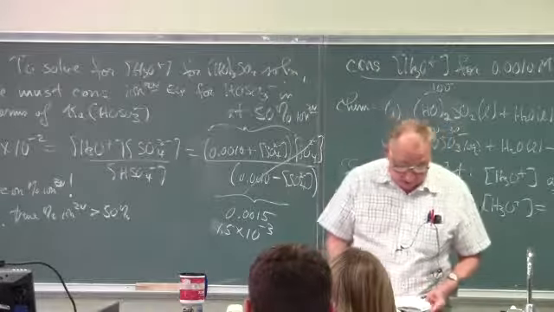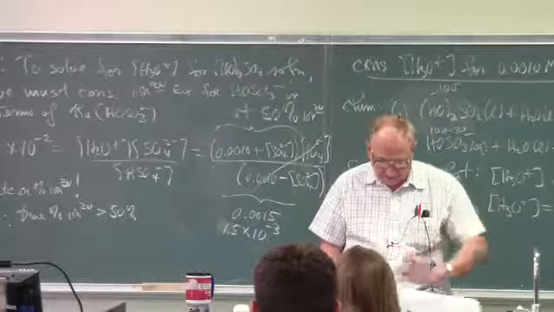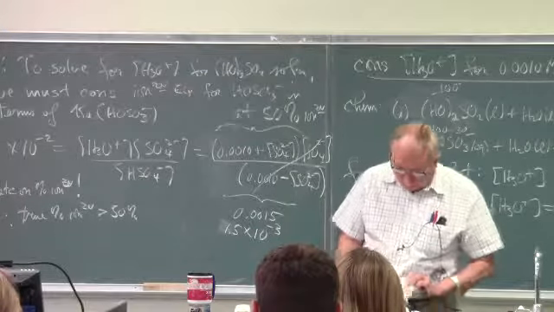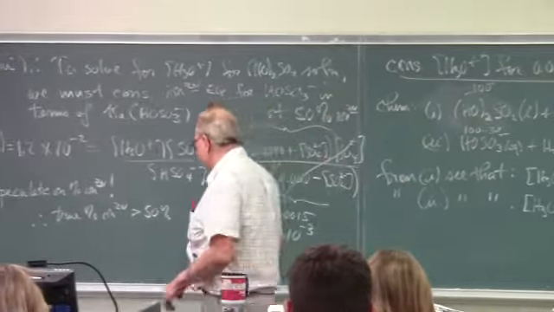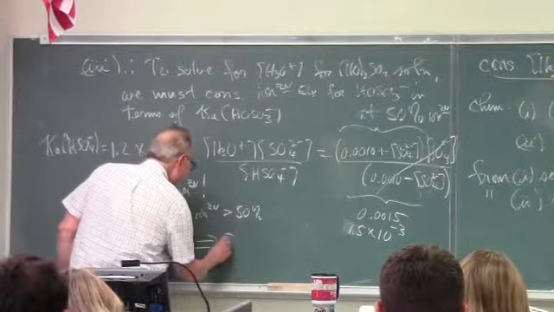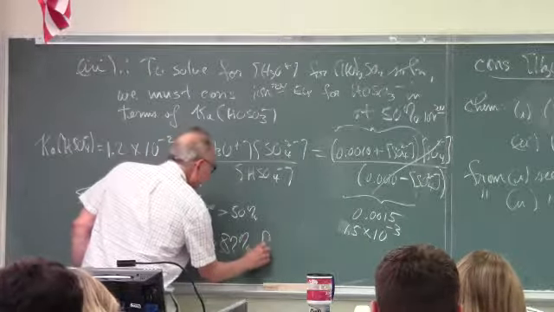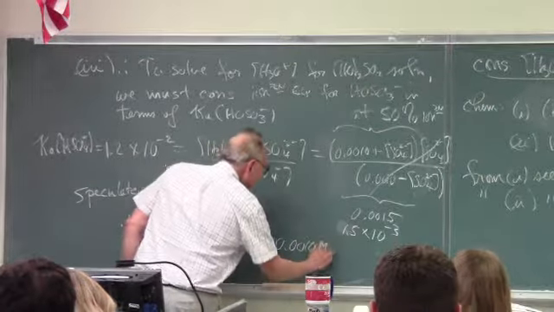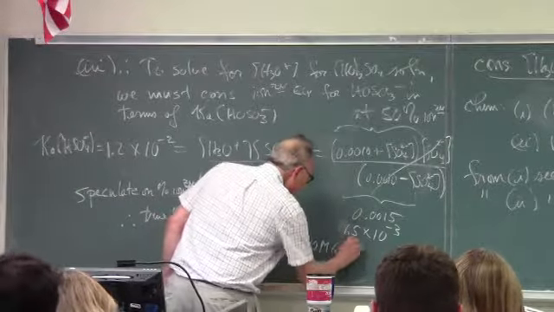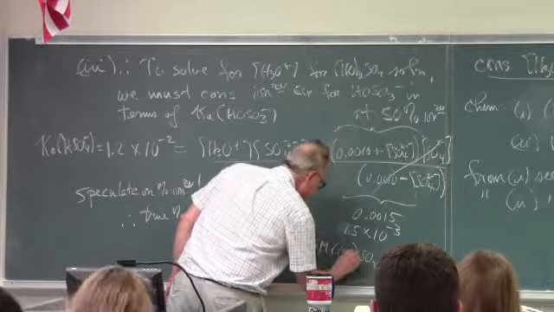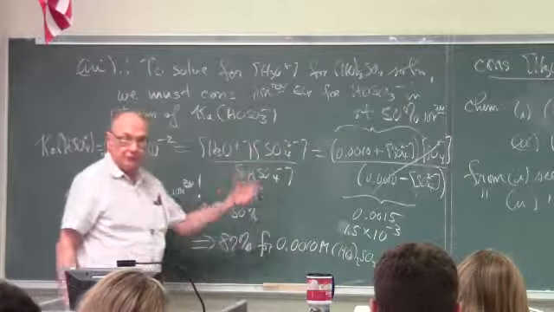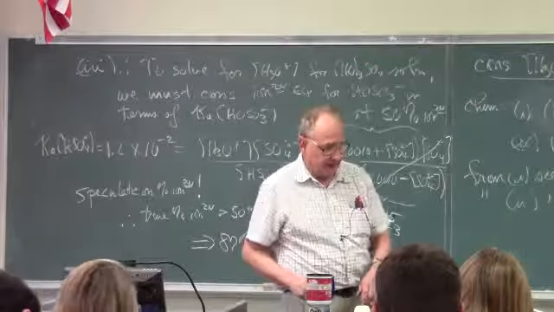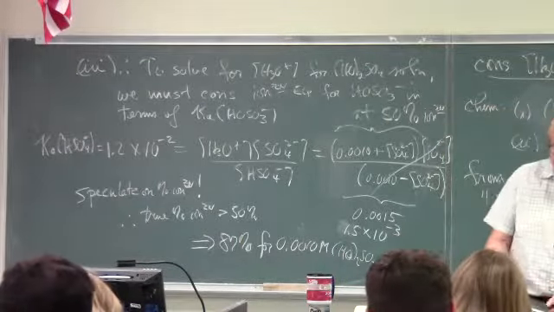I got it written here someplace. 87%. And again, at this point you're doing arithmetic. We've done all the chemistry. So you do the arithmetic if it's necessary. All right, let's try 1848 over there.